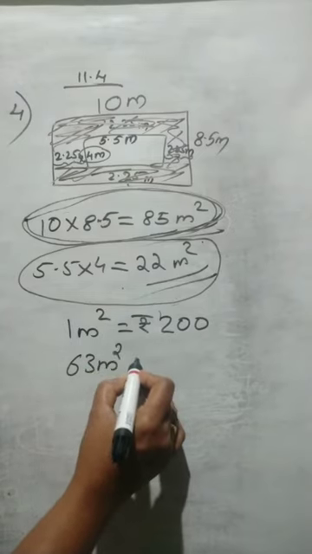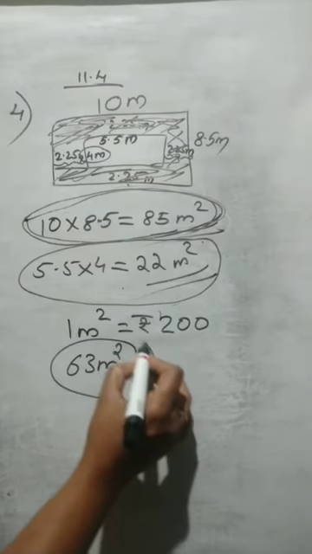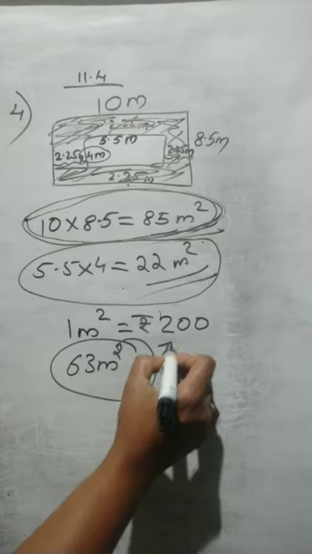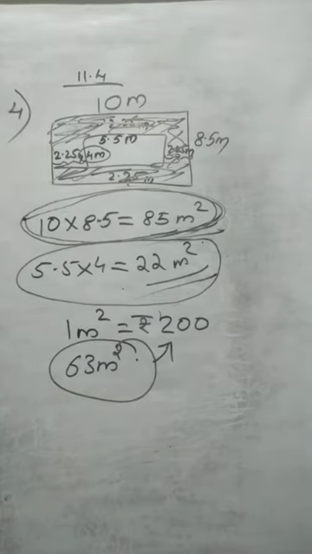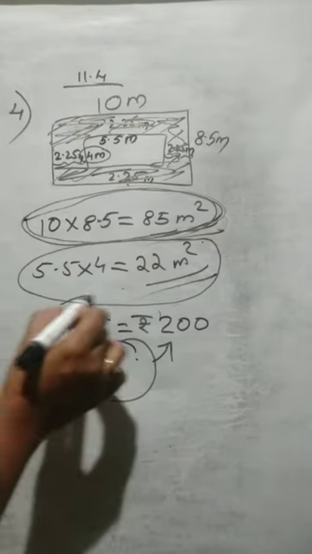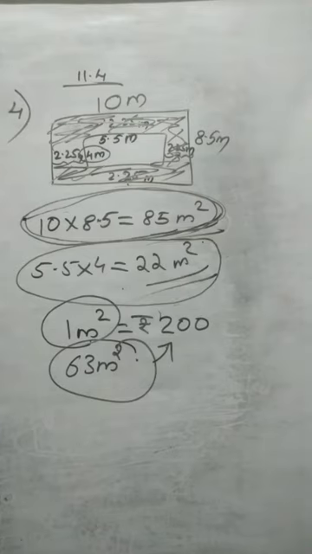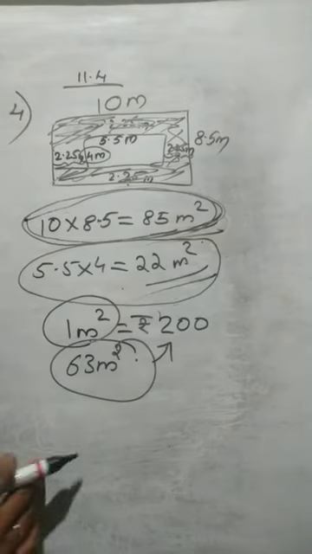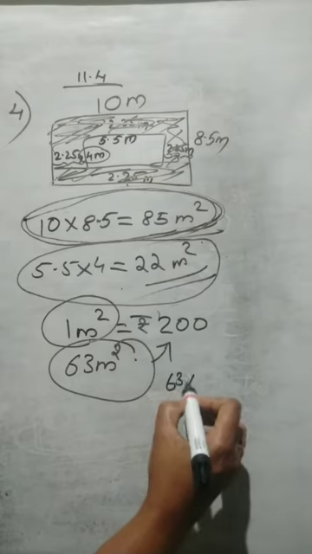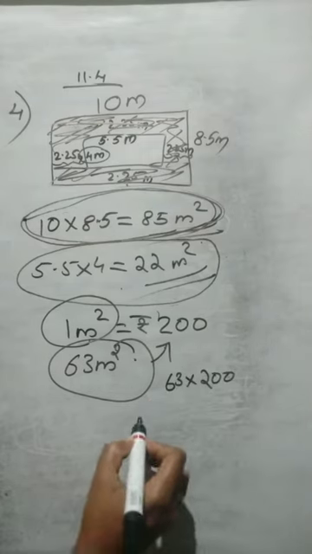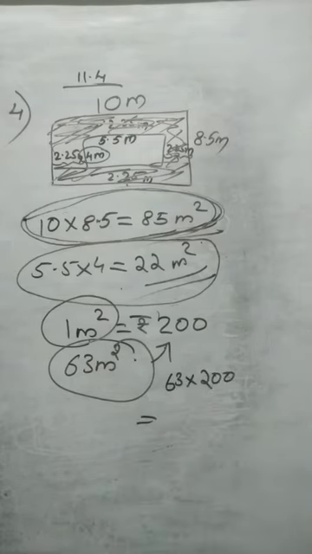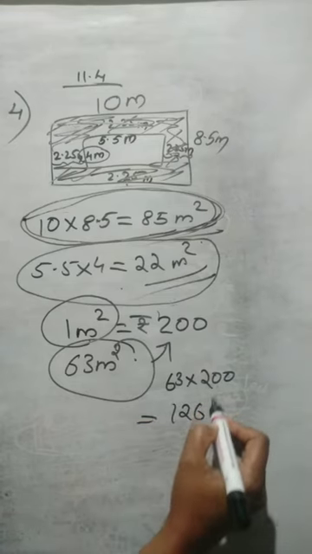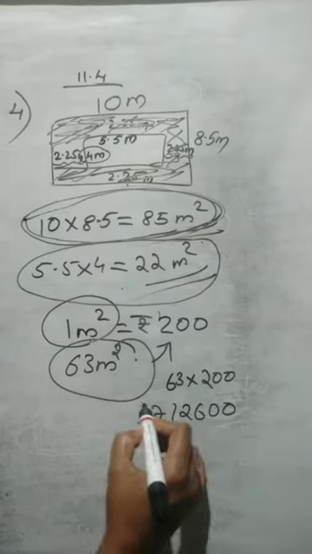So how can we find the cost? We have to multiply the total square meters with the cost of 1 meter square. So 63 times 200. 63 times 2 is equal to 126. Then 2 more zeros.